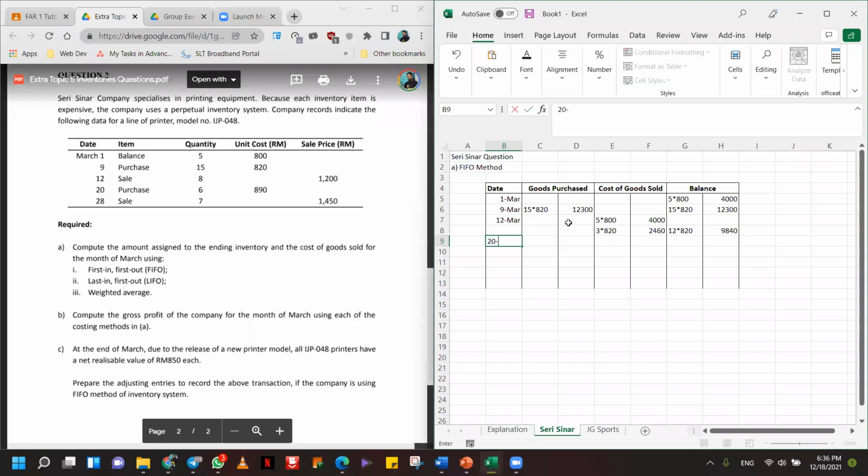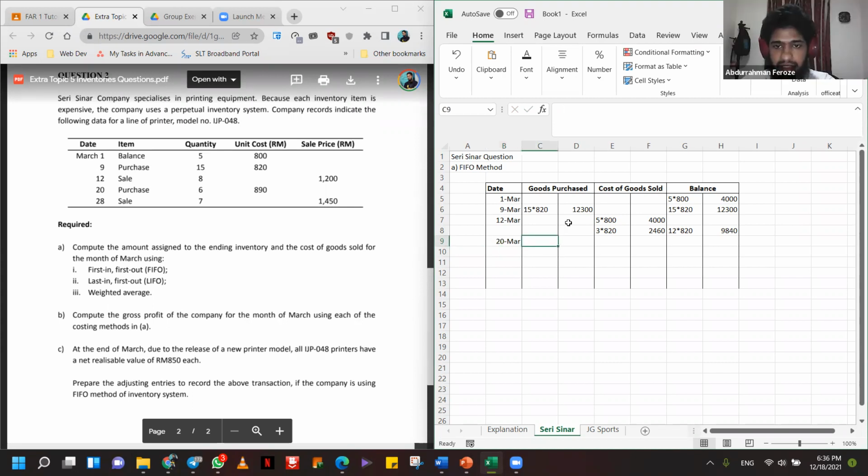Okay, that's great. Then we have 20 March. On 20th March, we have another purchase. This time, this is a purchase of 6 into 890, which would be 5,340. That's another purchase.